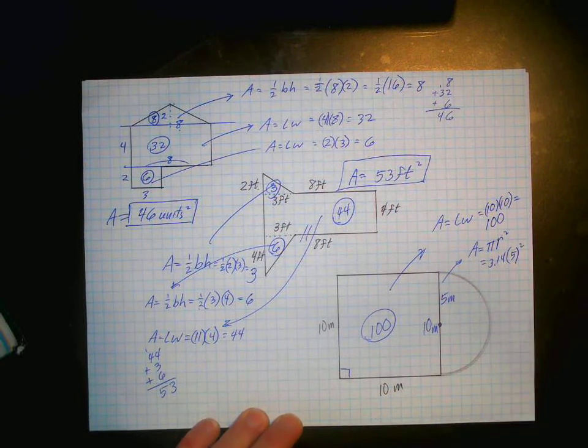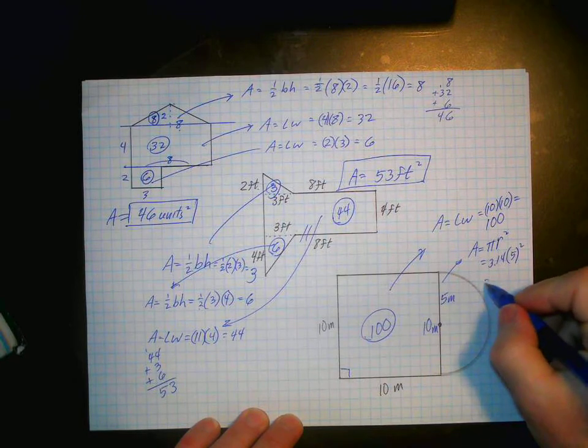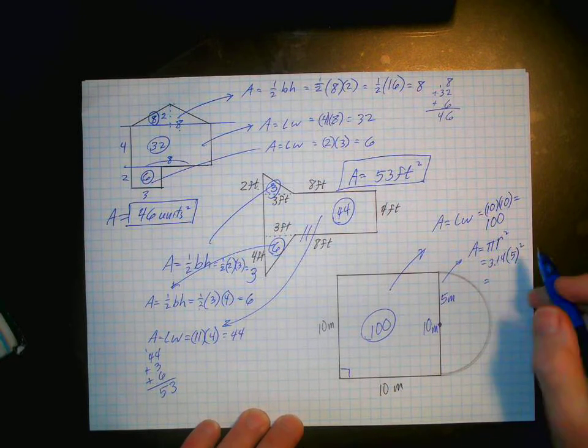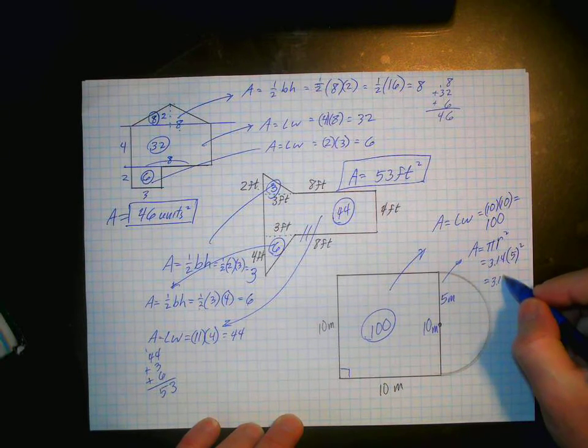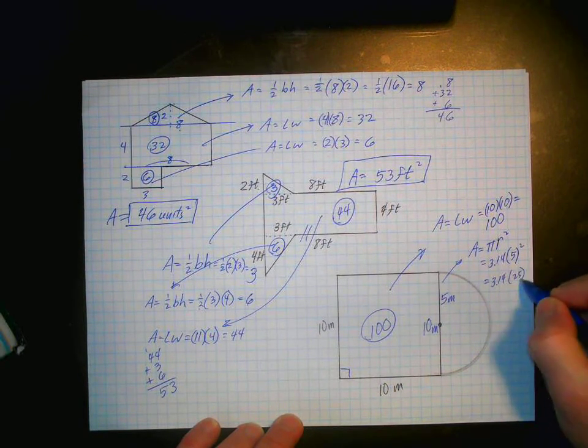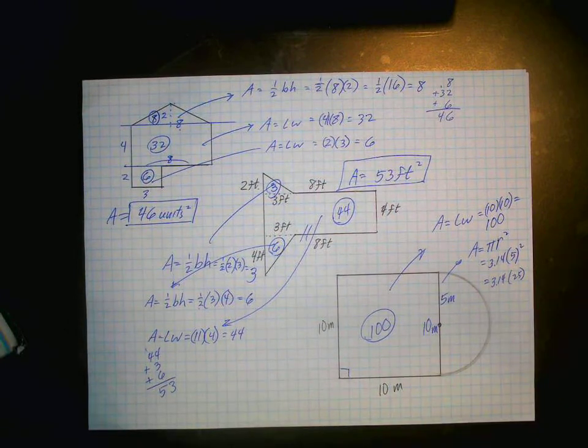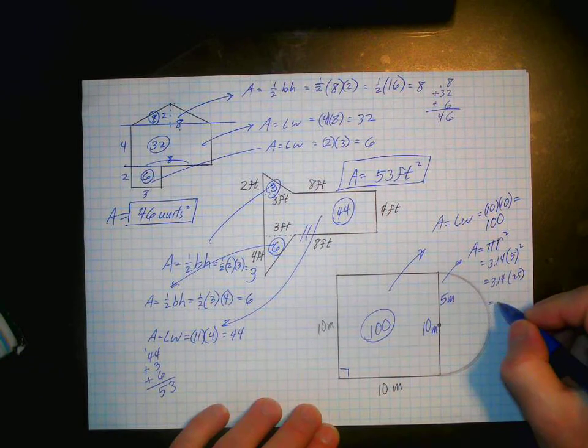So 3.14 times 5 squared is going to be 3.14 times 25, and 3.14 times 25 is 78.5.